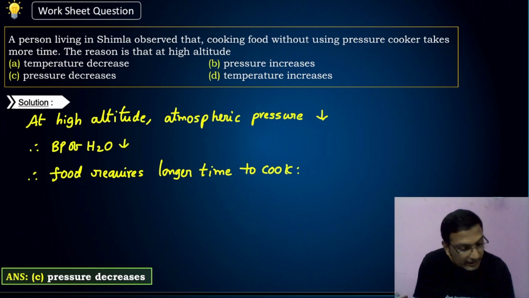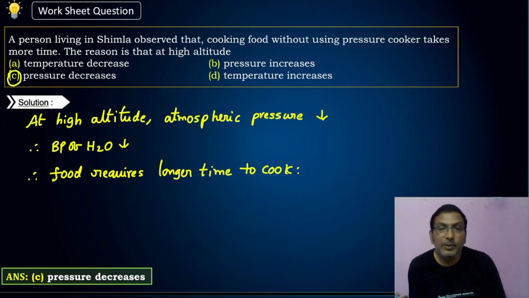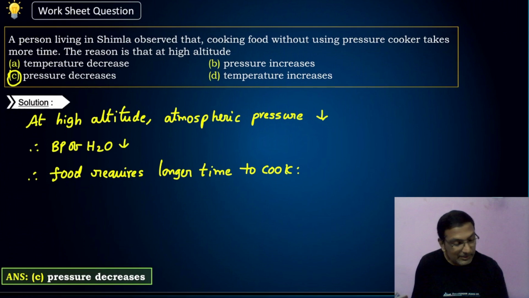So option C. At high altitude, atmospheric pressure decreases, therefore boiling point decreases. It takes more time for cooking. Simple question only.